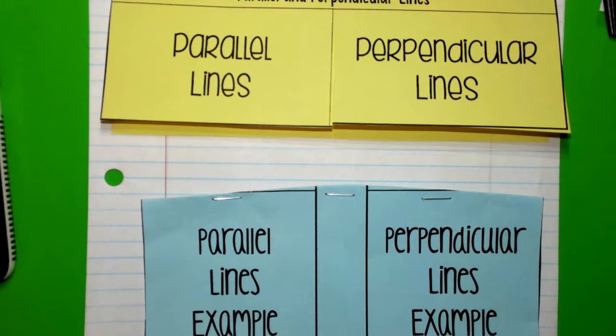Their points. The y-intercept. If they have the same slope and they have the same y-intercept, they're the same line.